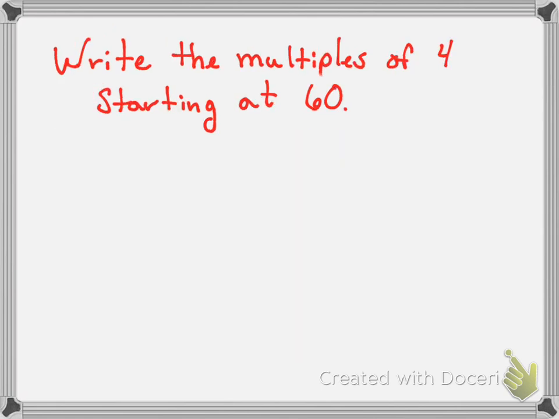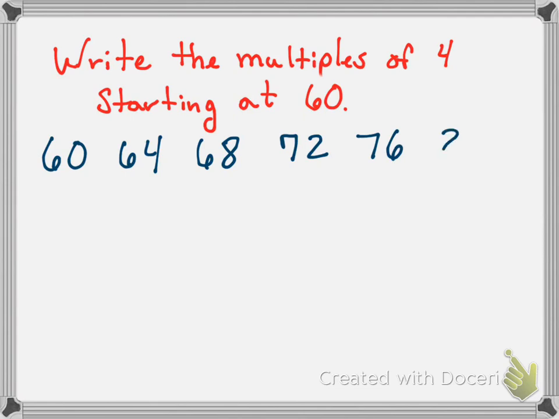And the next one says write the multiples of 4 starting at 60. So we're going to start at 60 with multiples of 4: 64, 68, 72, 76, 80, 84, 88, 92, and I'm going to stop there. But these are multiples of 4, and we started at 60.